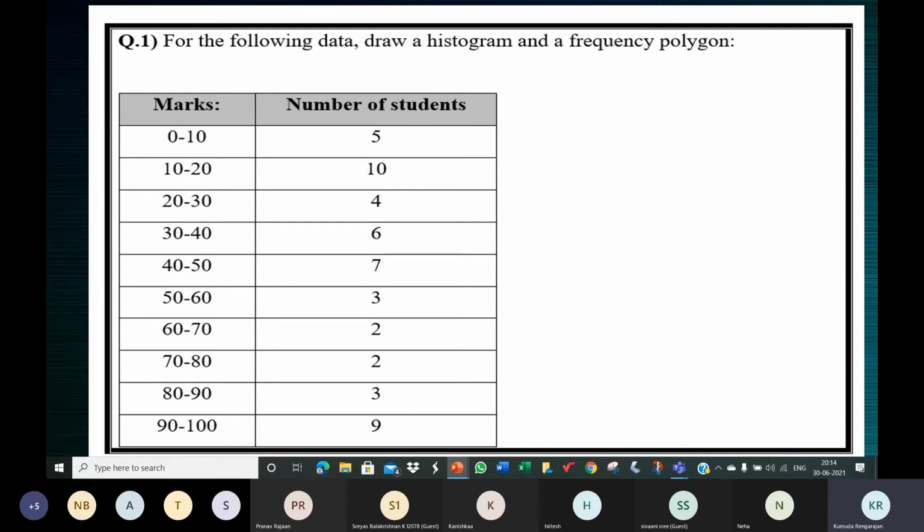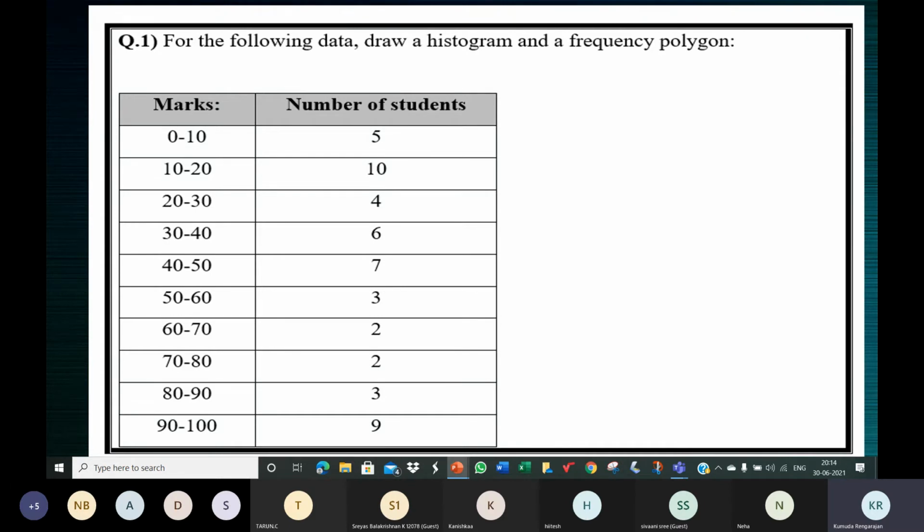One, histogram, which we just finished. We saw the different ways in which the table can be given and what changes we have to make before we prepare the histogram. Now this is the other one, frequency polygon. Another graphical representation of a grouped frequency distribution.